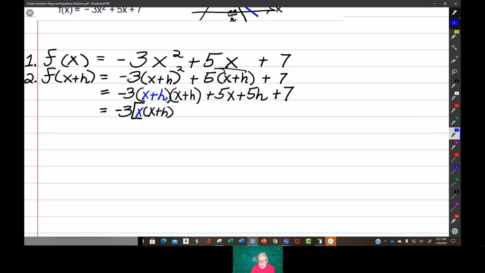Then take the plus h in the first set of parentheses and multiply by the second set of parentheses, x plus h.